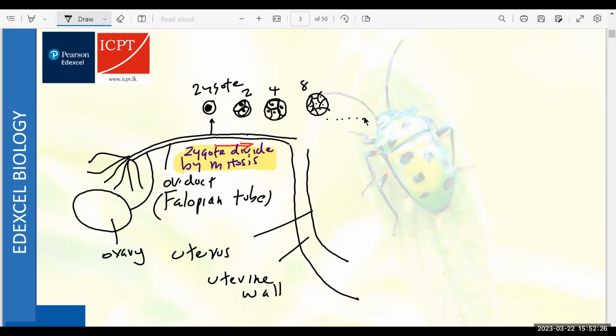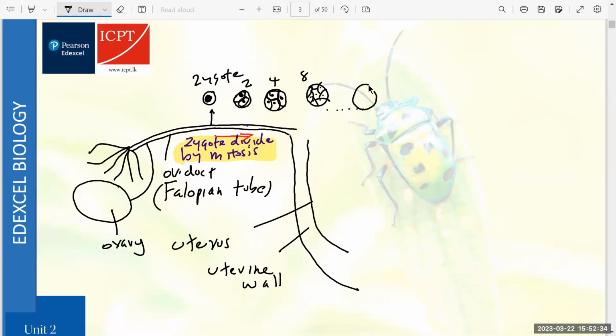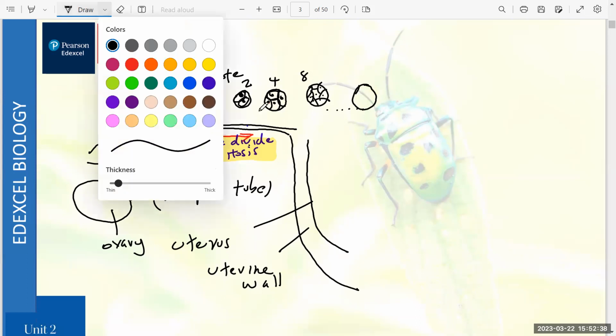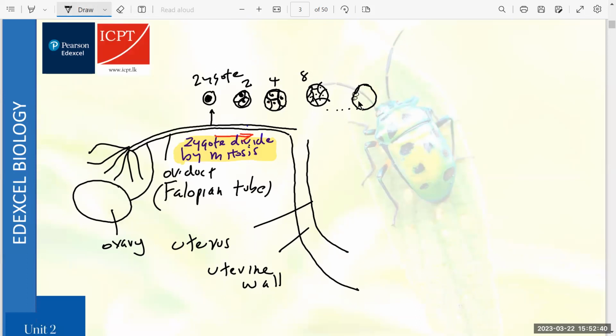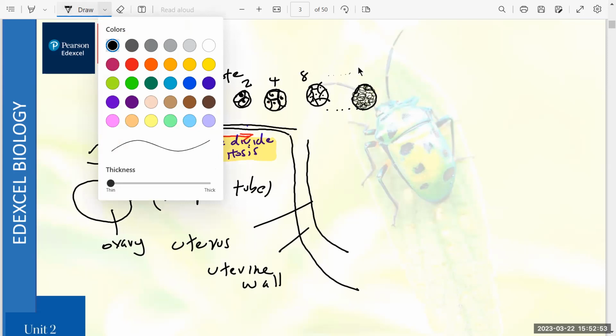Right? So here, this one contains many cells, roughly around 32 to 64 cells. Let's say 64 cells.